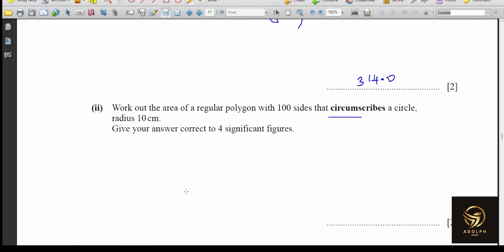So what is the formula we had? 100n tan of 180 divided by n, where n is also 100 here. If you put these values in your calculator, we get the answer as 314.3.